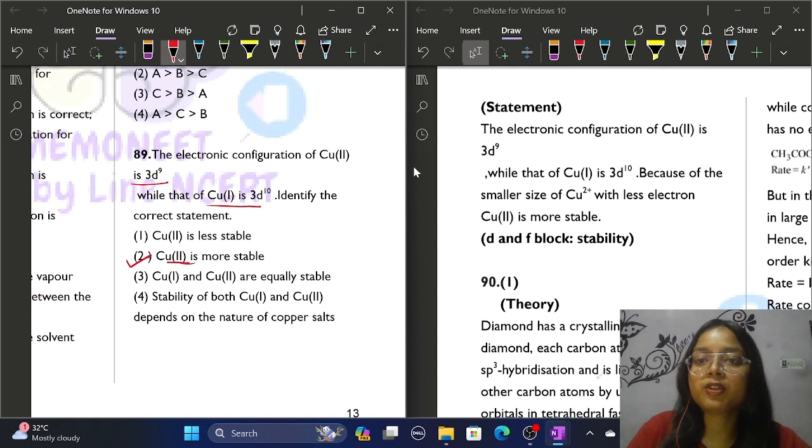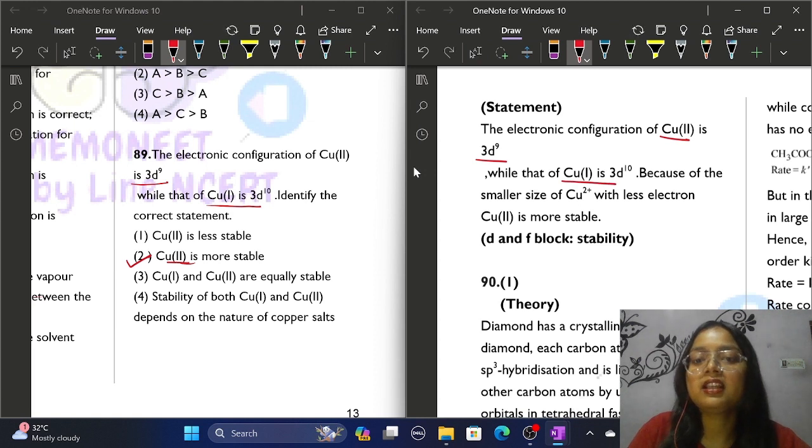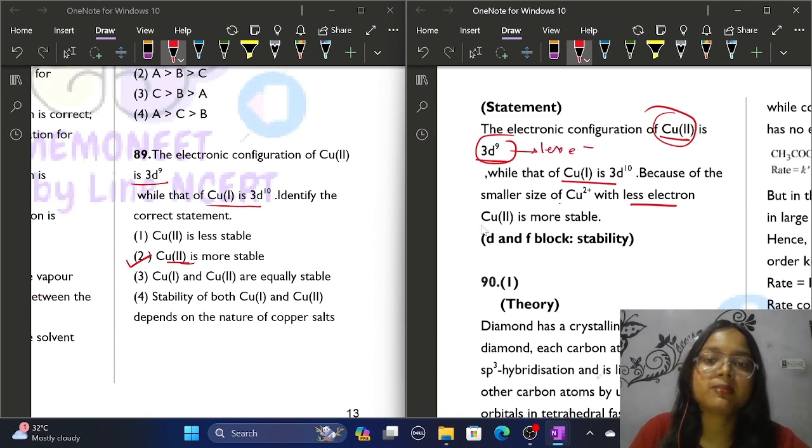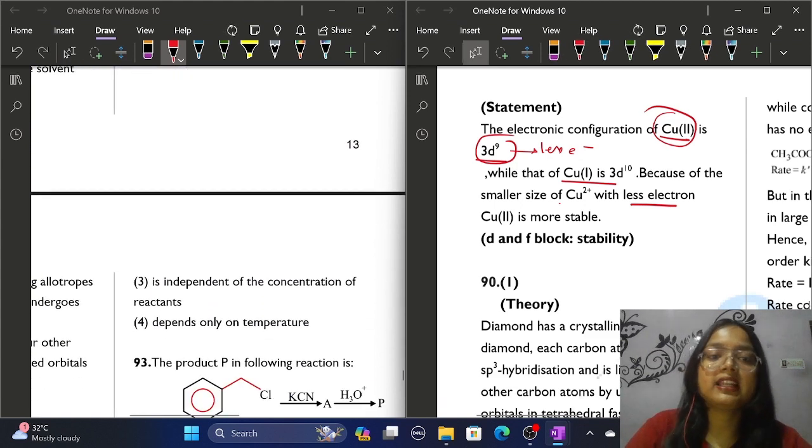Why is it so? Because of the smaller size of Cu2, it will have a smaller size and also fewer electrons, which is why it is more stable than copper 1. This question is from the d and f block, right?